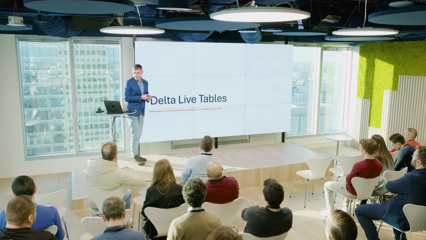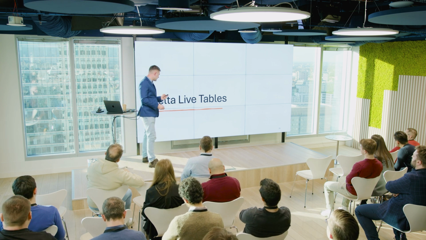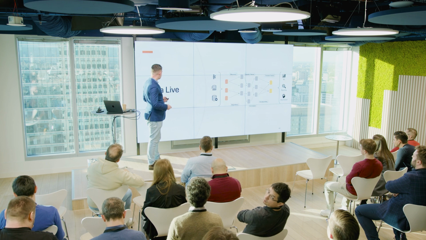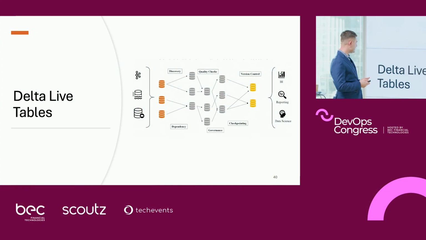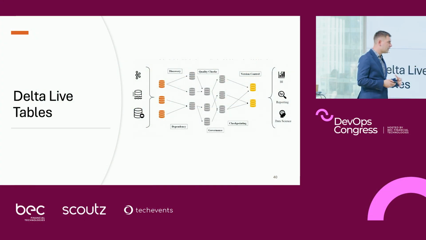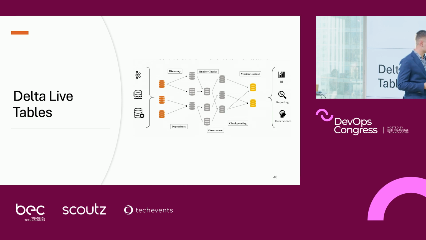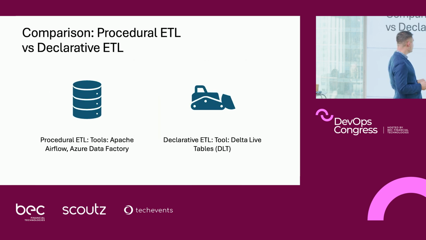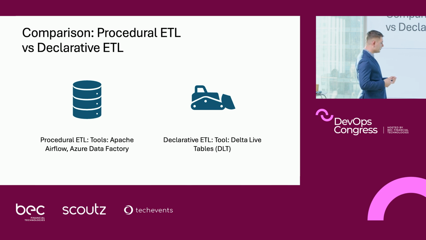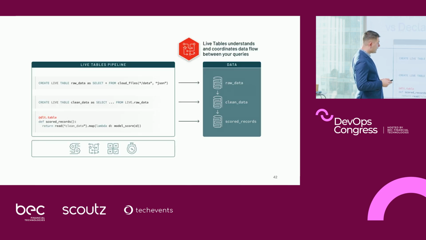And now we're going to talk about Delta Live tables. Delta Live tables is something that helps us to maintain the silver layer. So it's easier to create some kind of data quality. And we write something like that.